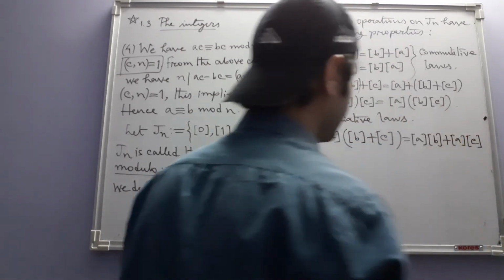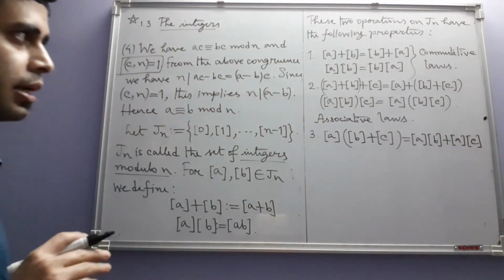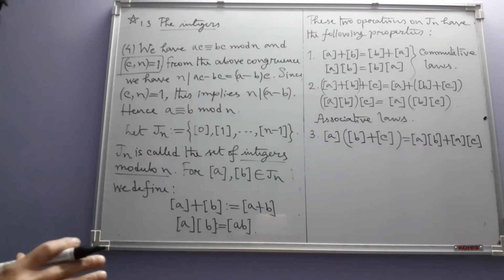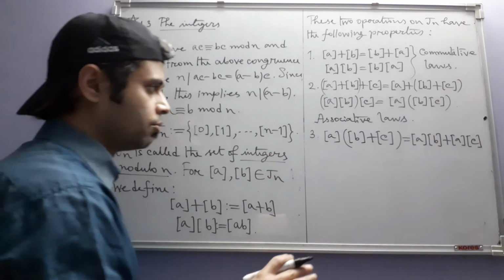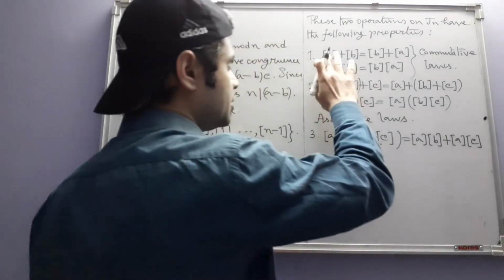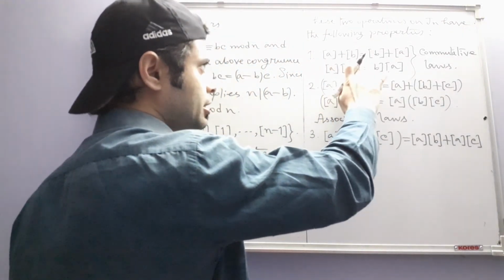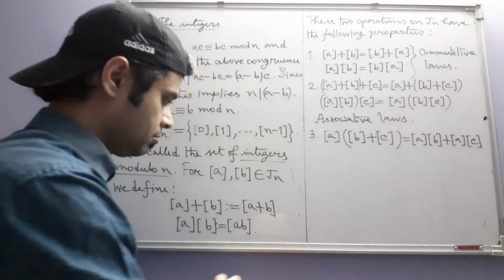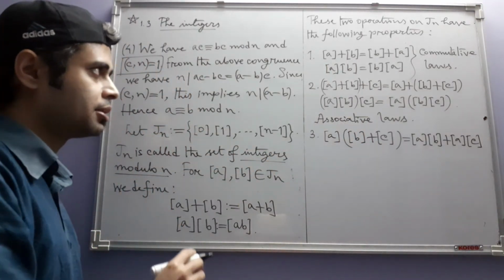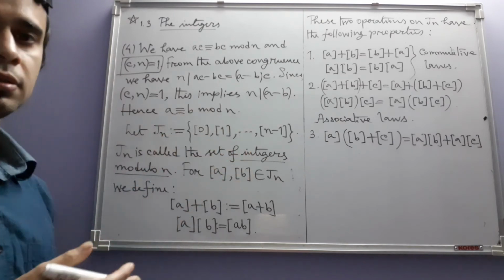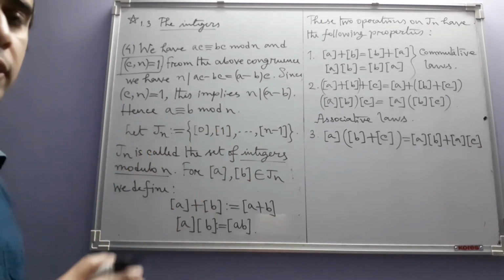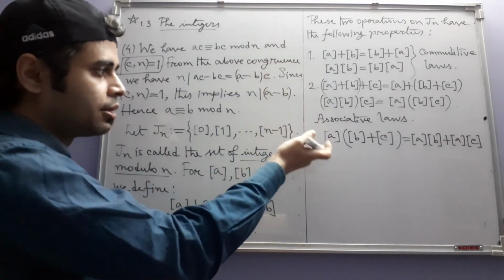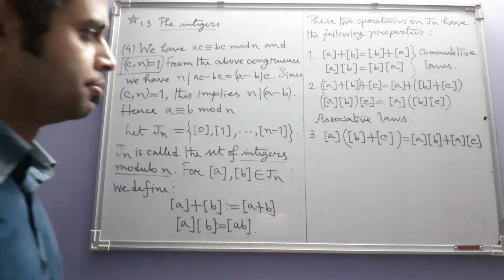And you can see that the laws have the same structure that we already know, as if these are not congruence classes and these operations are not some newly defined operation, but they are just integers and these are ordinary addition and multiplication. In that sense, these are just laws that we already know.